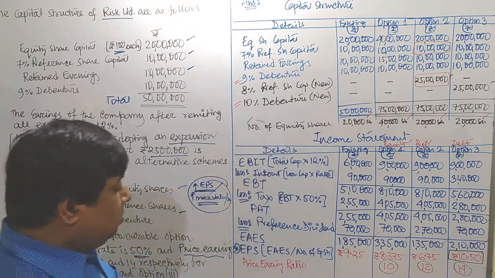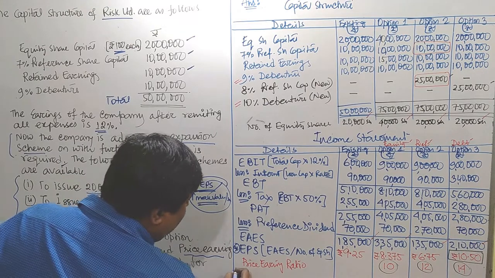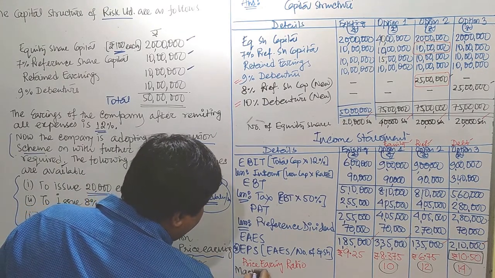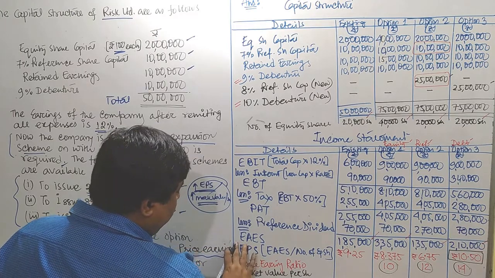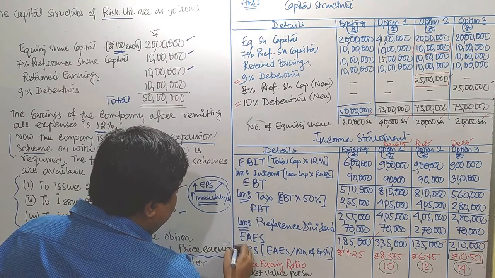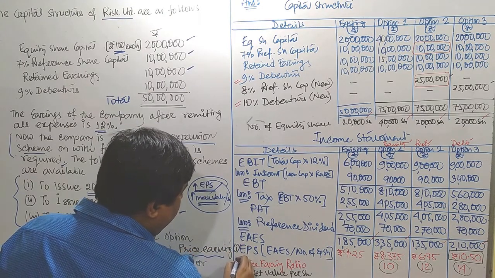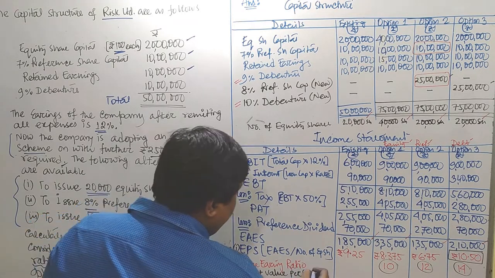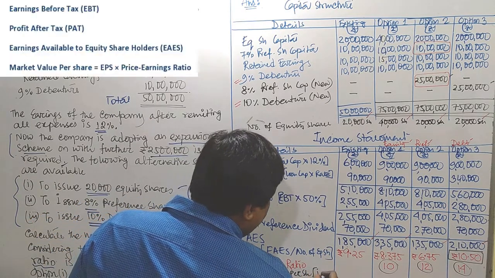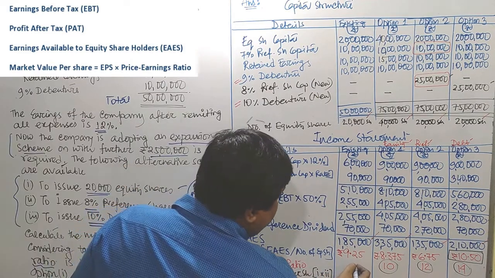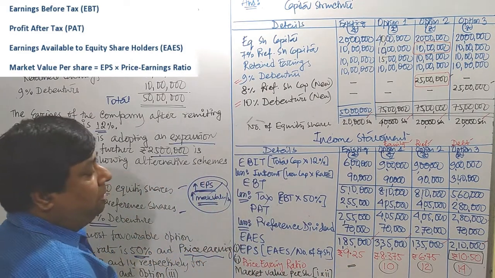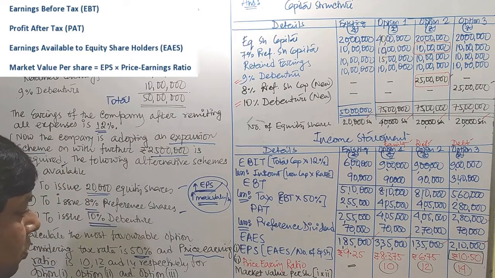Once you have that, we can easily calculate market value per share. Market value per share is the multiple of these two. Suppose EPS is 1 and price earning ratio is 2, then market value per share is 1 into 2. It is not provided to us, so we are supposed to calculate the market value per share.